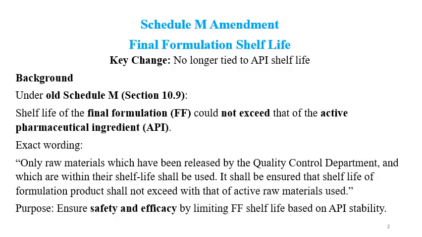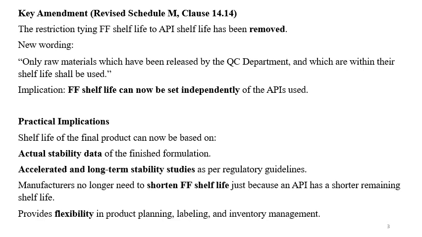The simple meaning is that if your API has 1 year of shelf life remaining, you cannot use it in the formulation with 2 years of shelf life. Then the key amendment, that is the revised Schedule M clause 14.14. The restriction tying finished formulation shelf life to the API shelf life itself has been removed.